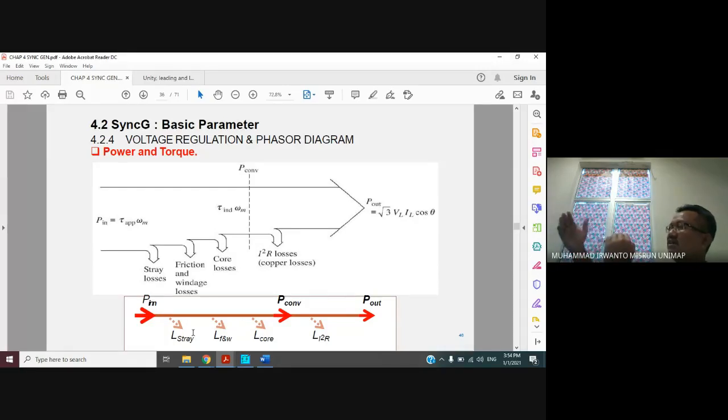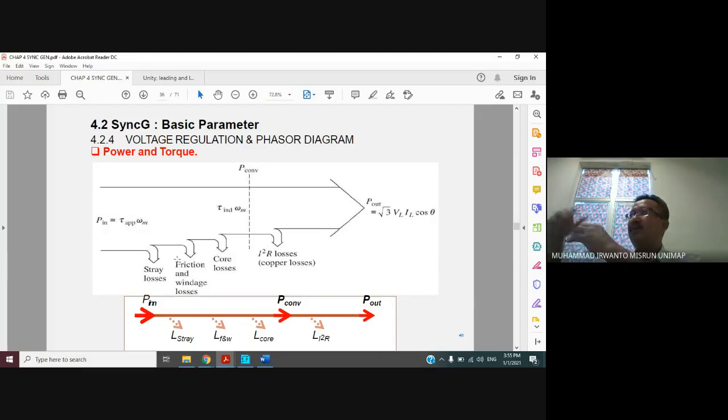During this process, the generator has losses. What types of losses? We can call them stray losses, friction. Friction is between the rotor and stator because of the air gap. And core losses, because the rotor and stator are constructed with one core for the rotor and one core for the stator. After that, because the winding is copper, we also have copper losses.